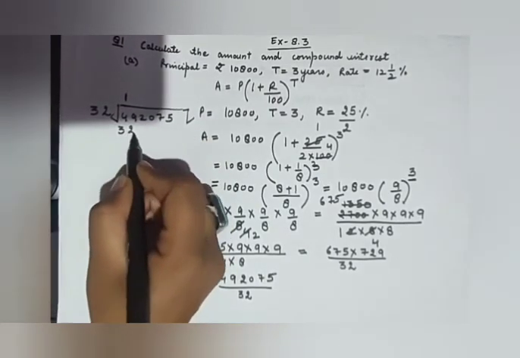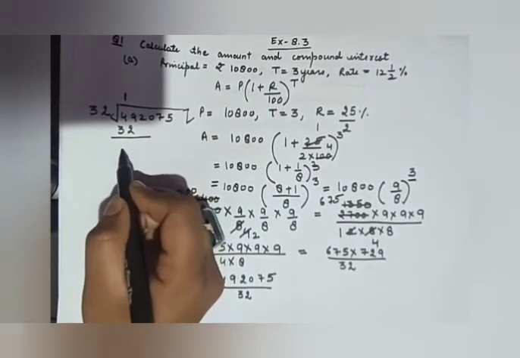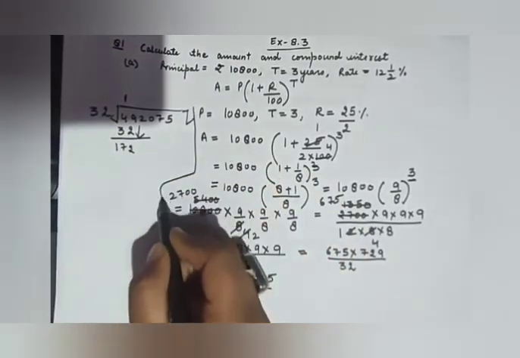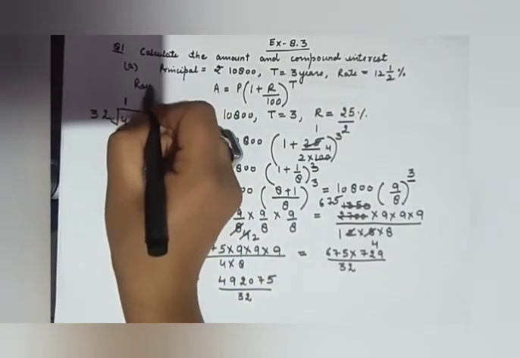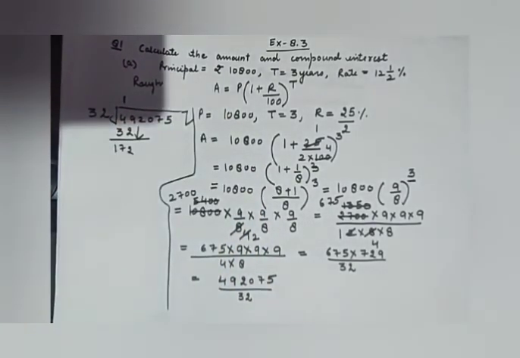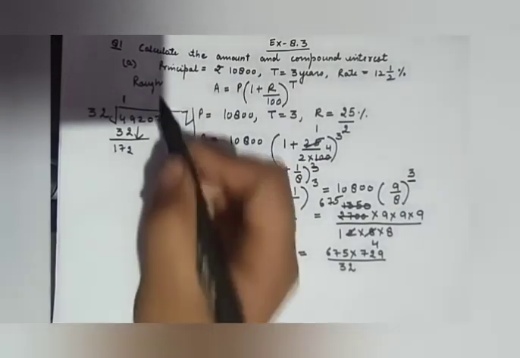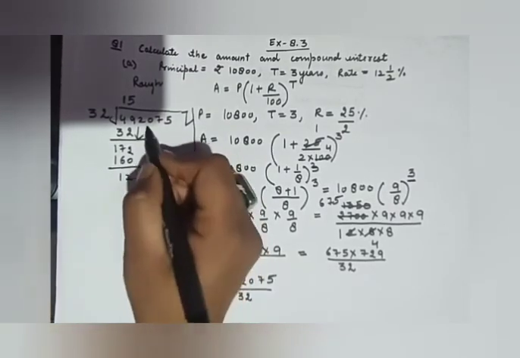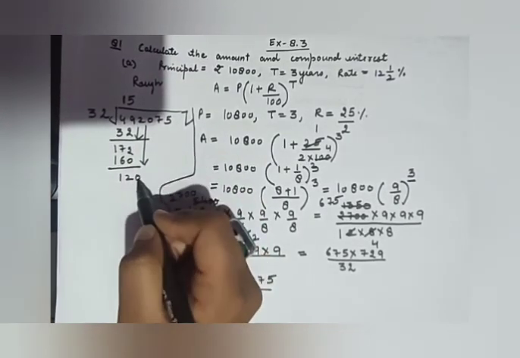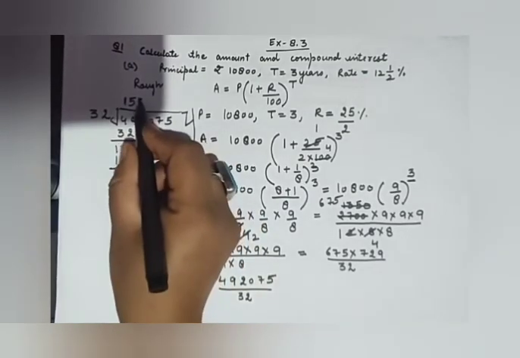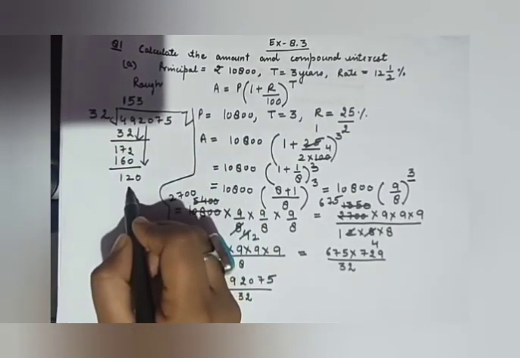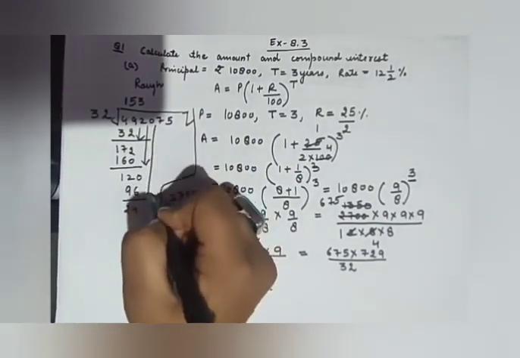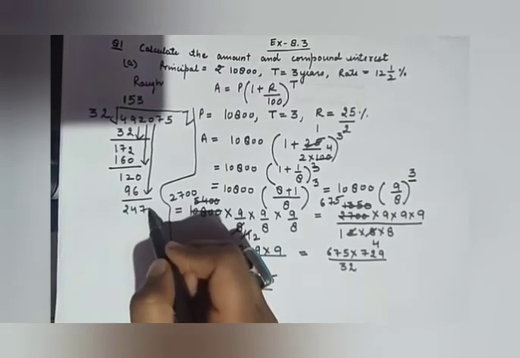32 1s are 32, so it will be cancelled. So I will be getting 17. This 2 will be here, so let me use this as my rough work. Here 17 and 172, 32 5s are 160, so it will be 12. This 0 from here will come, so again 32 3s are 96. After this 24 is here, and this 7 is here, that is 247.